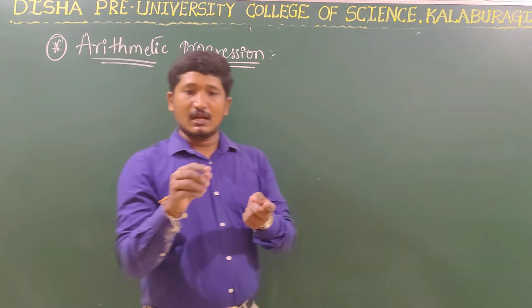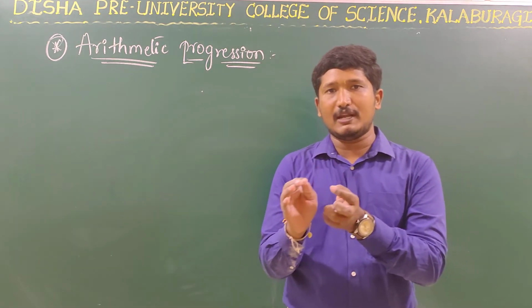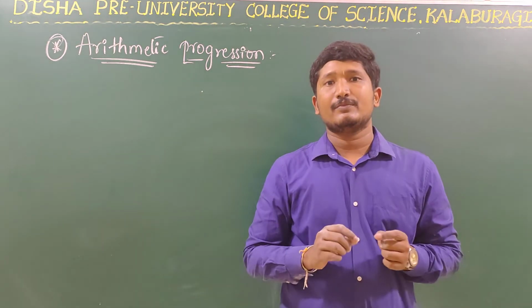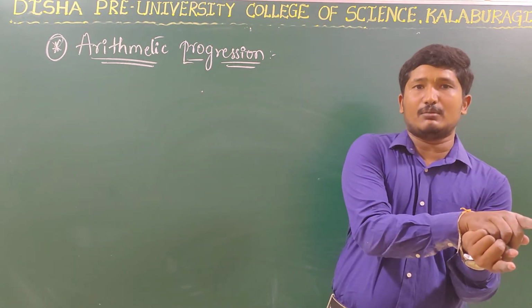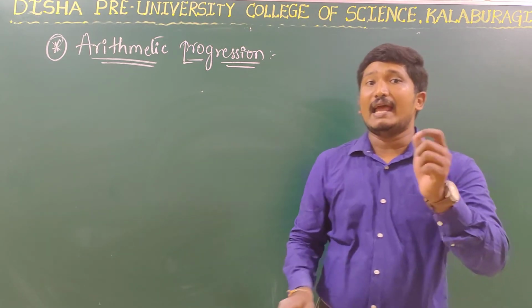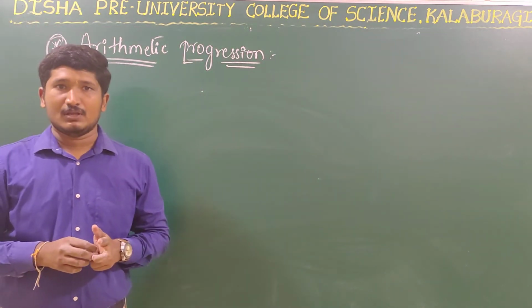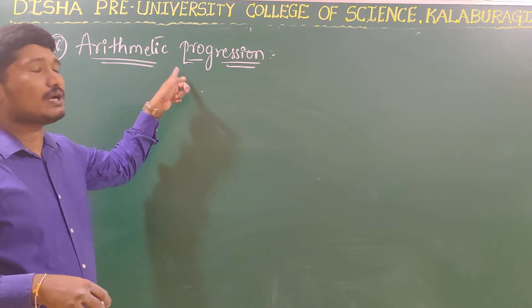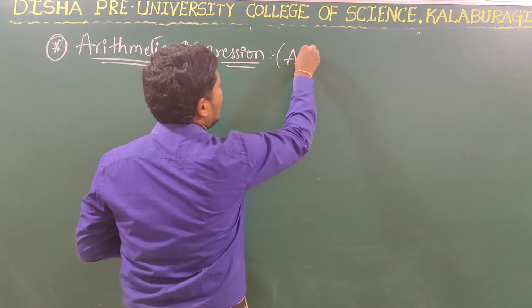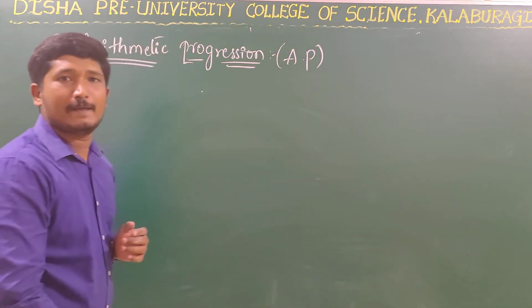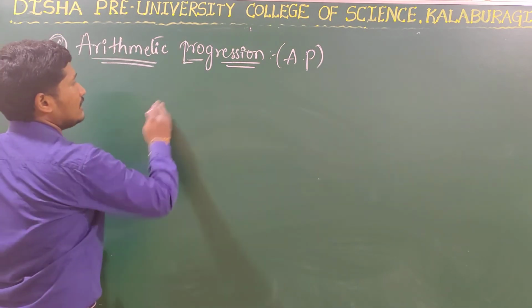That is, each term of that sequence is obtained by adding the fixed number to the previous term or previous number, except the first term of the sequence. This is how we have studied arithmetic progression, right? In short, we will write it as AP, right? So what is arithmetic progression? See, let us take an example.